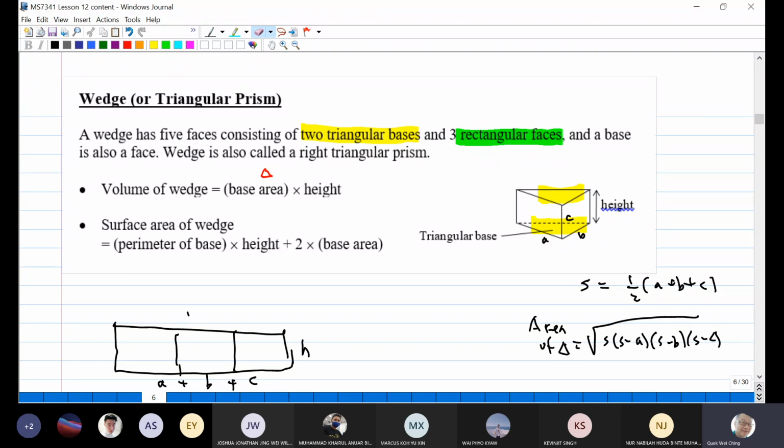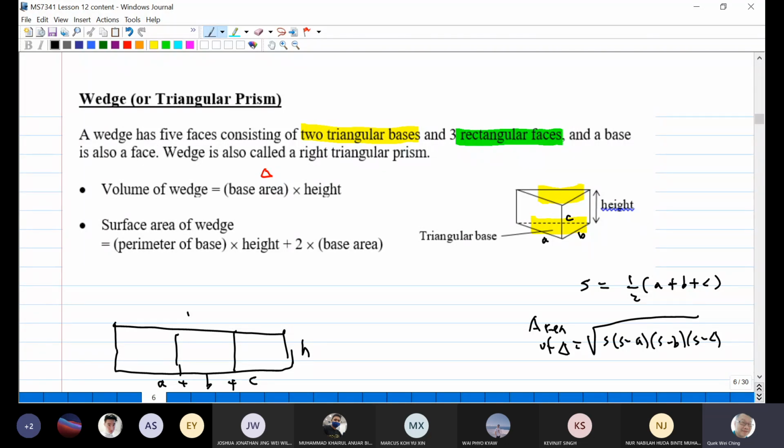Last time we mentioned that you find S first, which is half of the sum of the 3 sides, A plus B plus C. This is called S. Then the area of the triangle is S times S minus A, S minus B, S minus C, and take the square root.